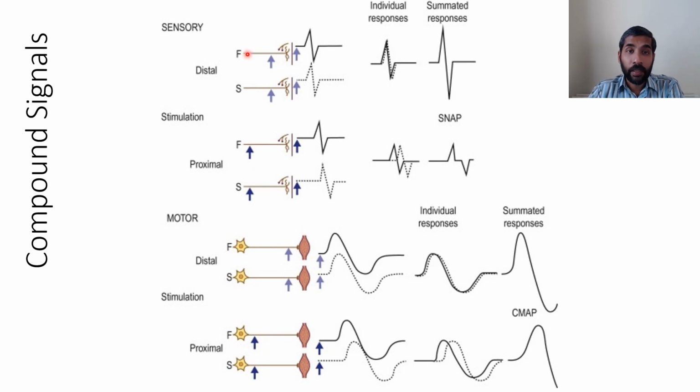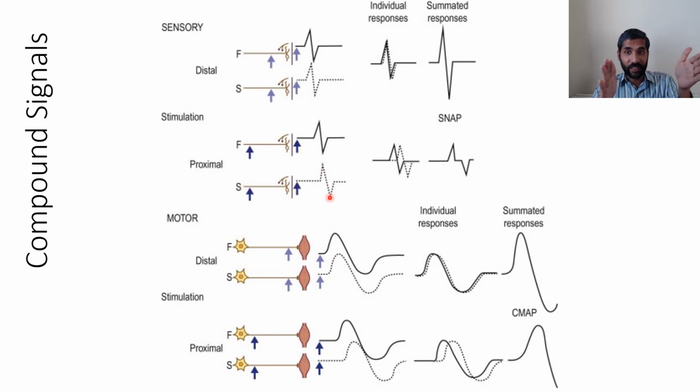Now, depending on which nerves you are stimulating, there is going to be a speed difference between the traveling of action potentials in different nerves. So, for example, if you are stimulating far away from the recording site, then the fast nerve fibers have an action potential that comes like this, while the slow nerve fibers give an action potential here.